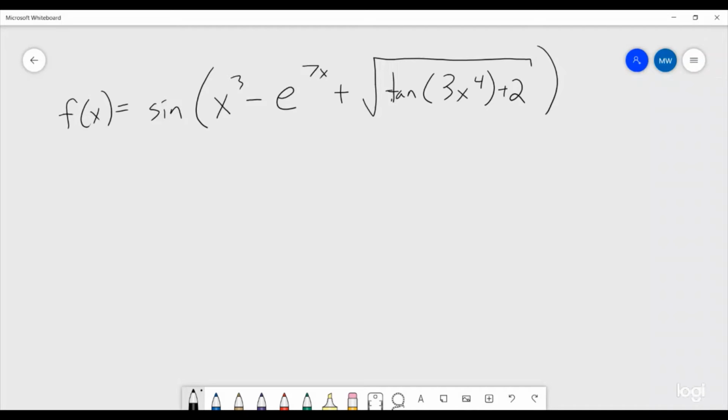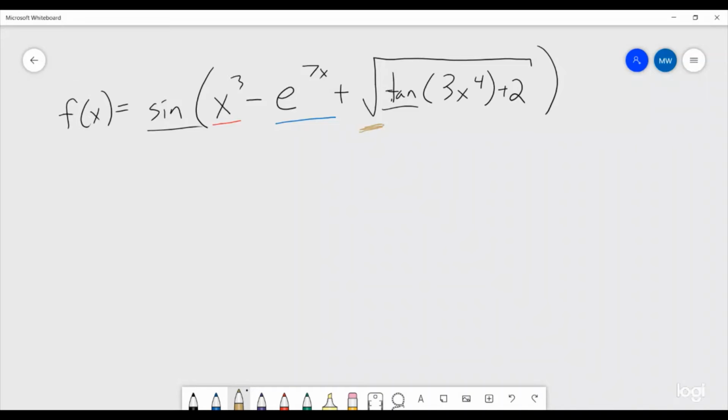For example, this is a function that has trig, it has polynomials, it has exponentials, it has square root, and it has a whole bunch of chain rule all nested together.